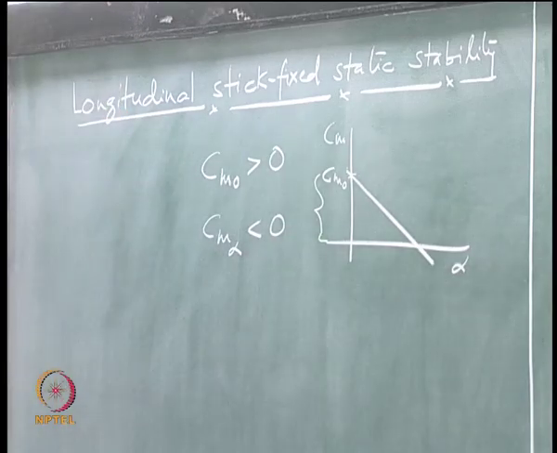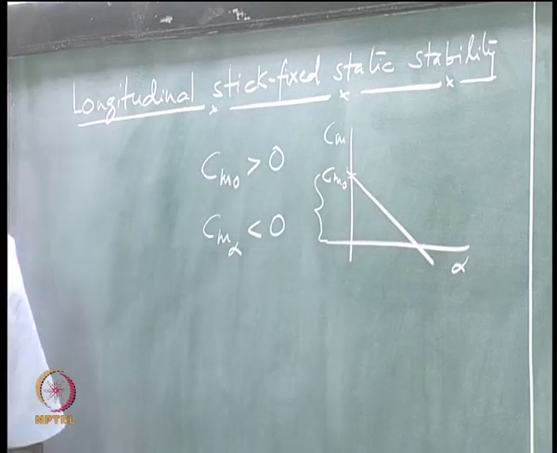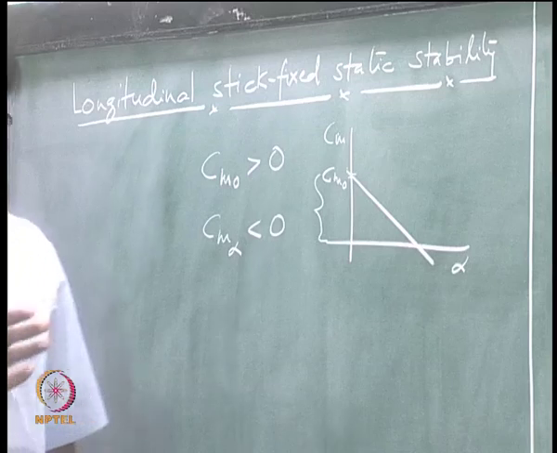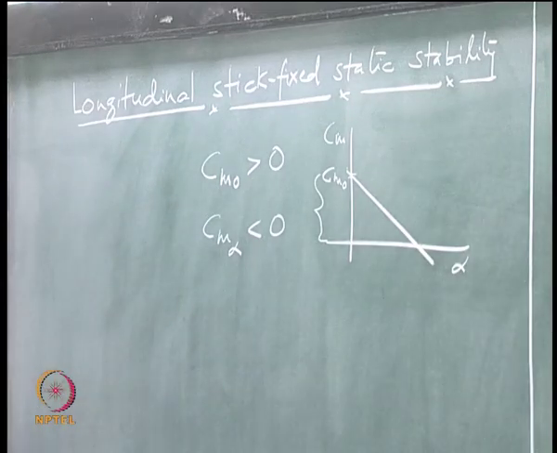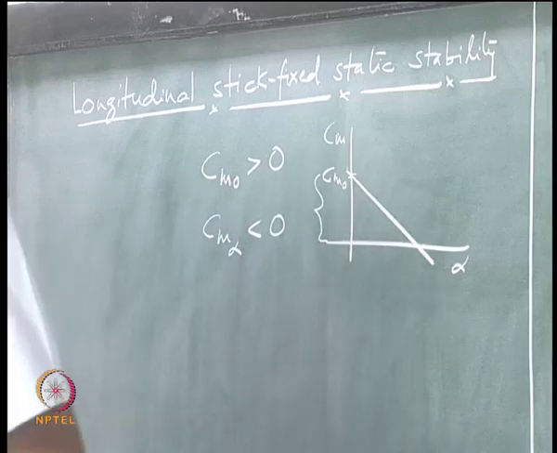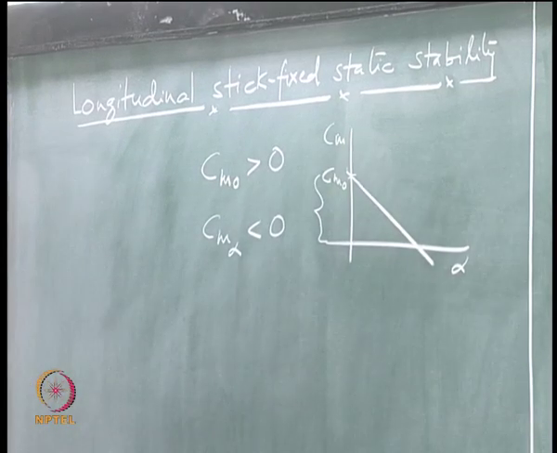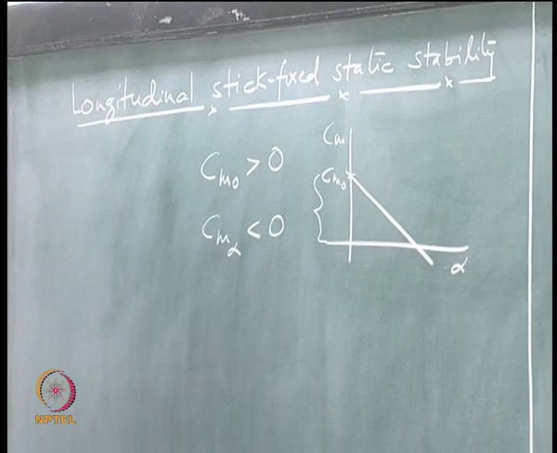In the last class, we looked at what happens for a conventional airplane where the wing airfoil is supposed to have positive camber for higher lift, and for the CG to be located behind the aerodynamic center of the wing.